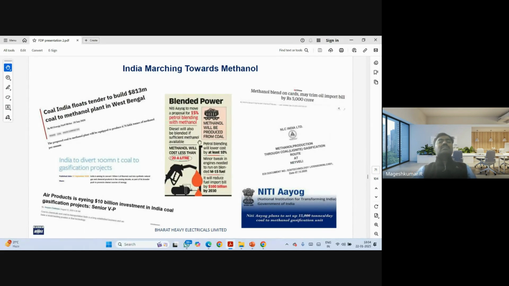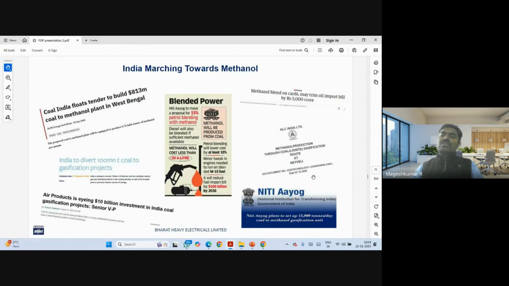As I discussed, once methanol is produced in-house, it would cost less, and it can be blended with fuel. It can reduce the fuel cost as well as our import bill. NLC had floated a tender.